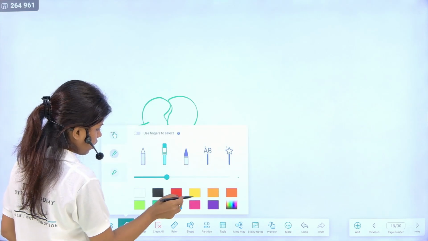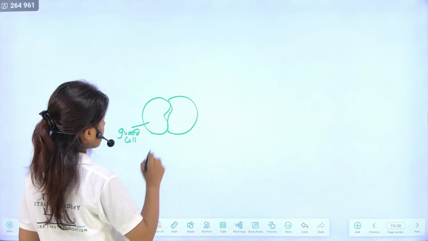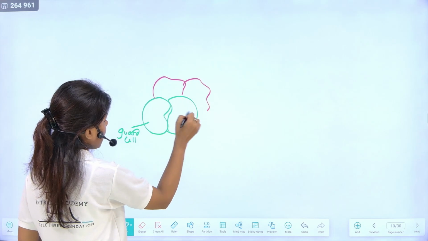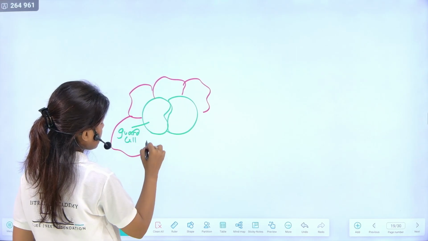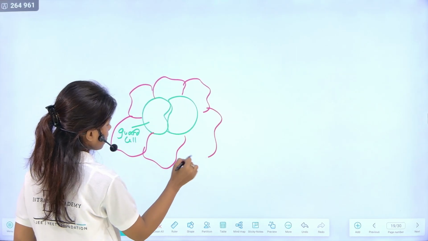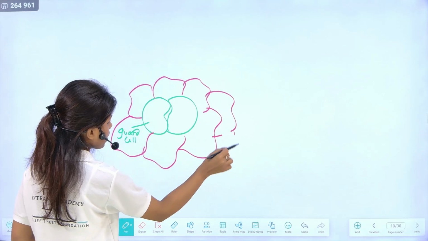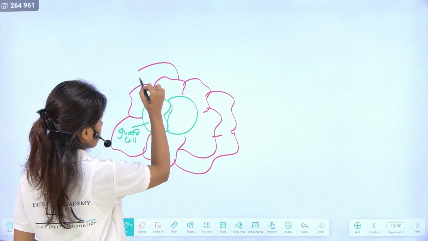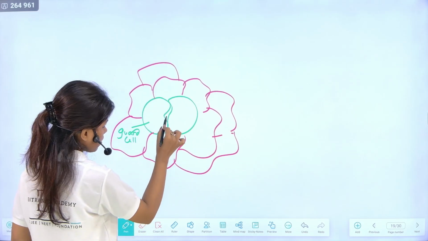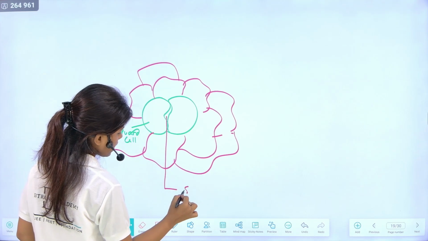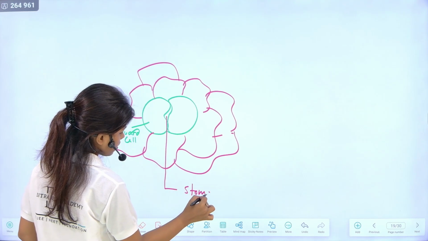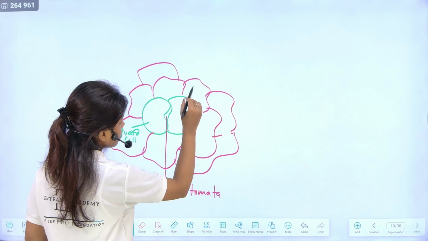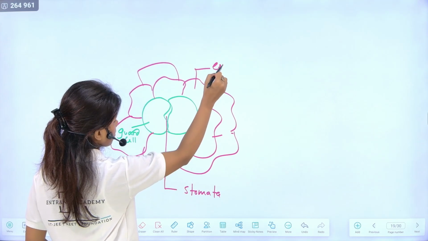And on the outer surface of the guard cell, there are some epidermal cells or subsidiary cells present, which will provide water molecule. And this opening guarded by guard cells is known as stomata. These are the epidermal cells.